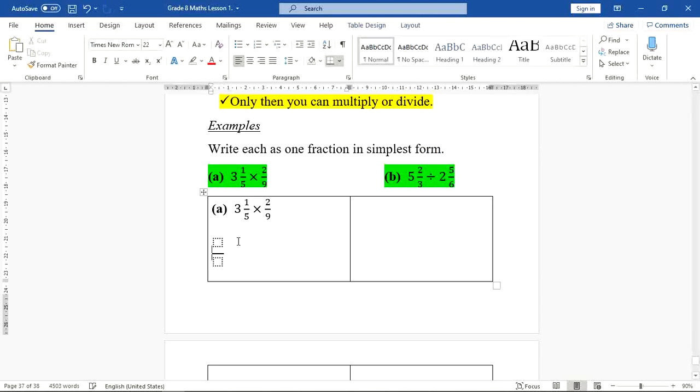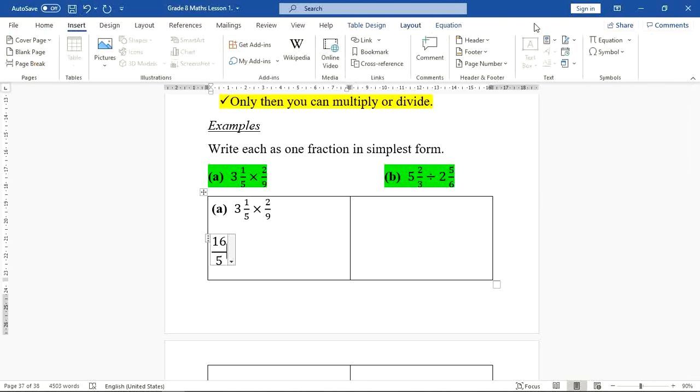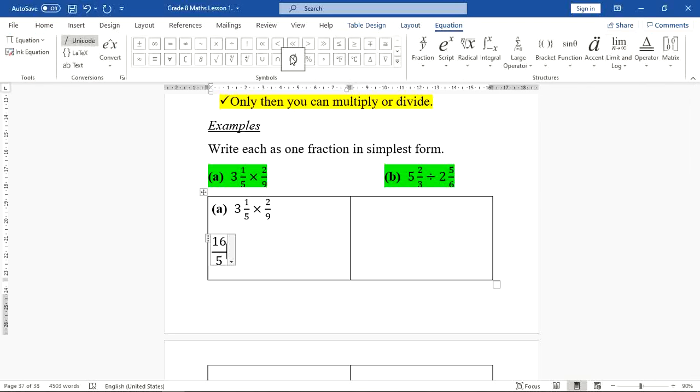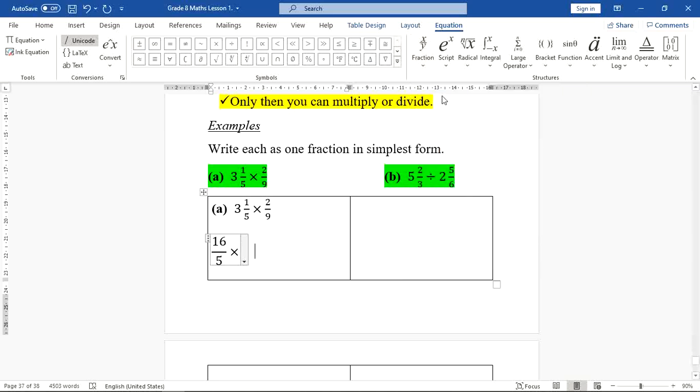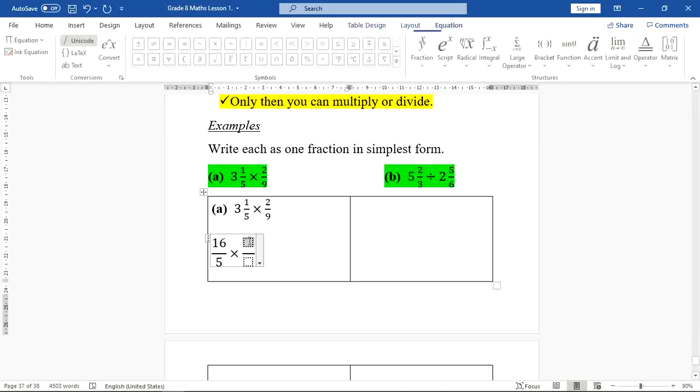Okay, so 3 times 5, that's 15. 15 plus 1 will give us 16, and that's over 5. Then we say times, we multiply that by the other fraction, which is 2 over 9.